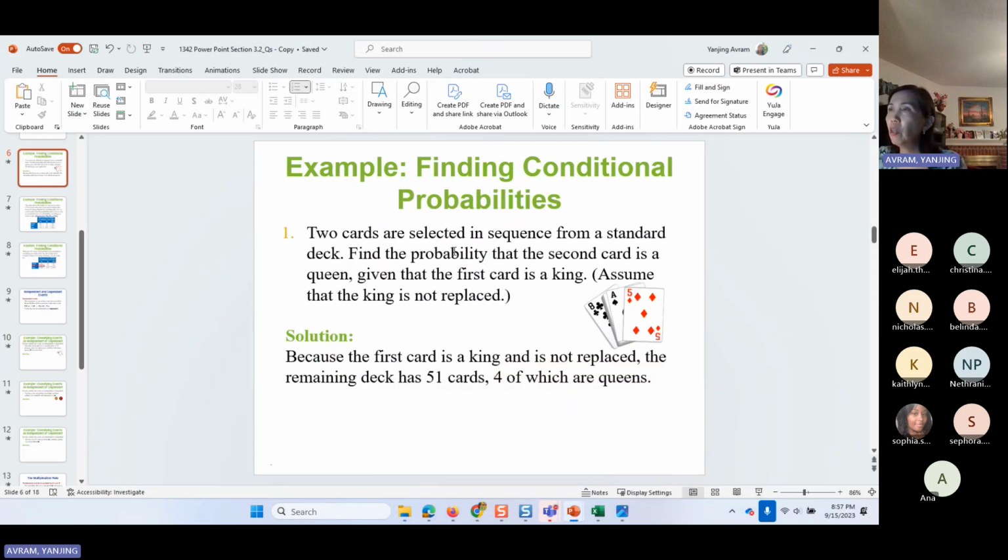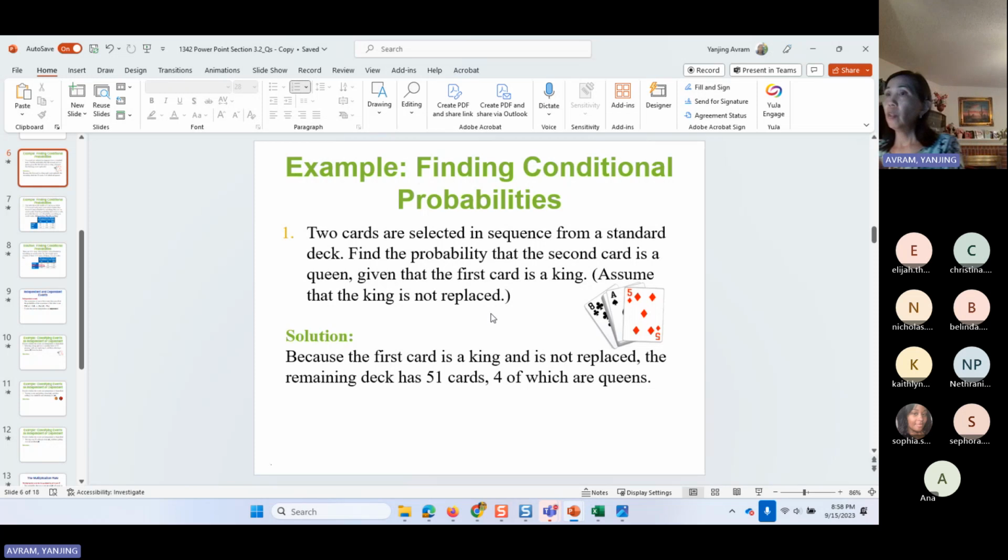Now for the probability: two cards are selected in a sequence from a standard deck, so you pick 2 cards out. What is the probability that the second card is a queen, given the first one is a king, assuming the king is not replaced? That means if the king is out, you have 1 card less already.